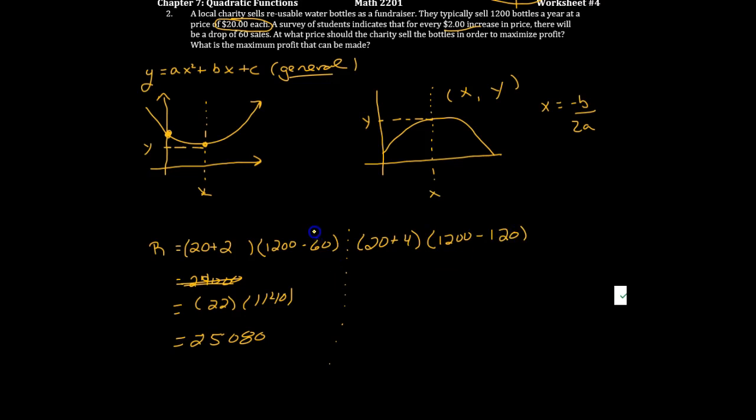Because now they've done it again. So you've added $2 on here, lost 60, add on another $2, lose another 60 people. And you keep that process up until you find out what the maximum revenue is going to be. When you start losing money, well, then you went too far. That could take a while to figure out. So we're not going to go down that road to do that.